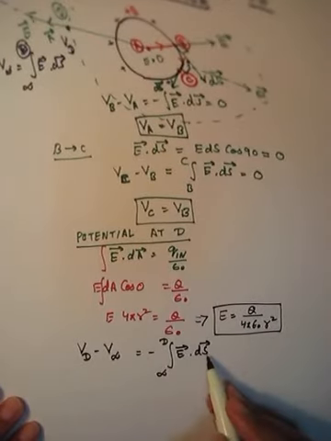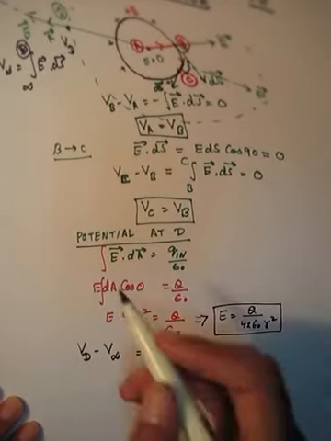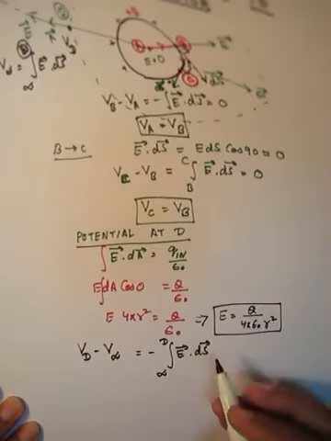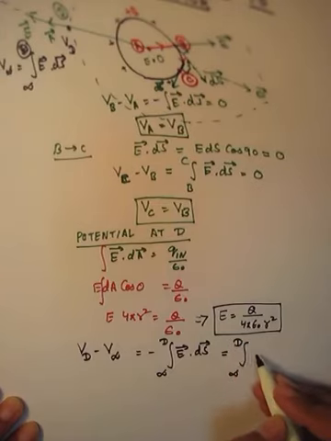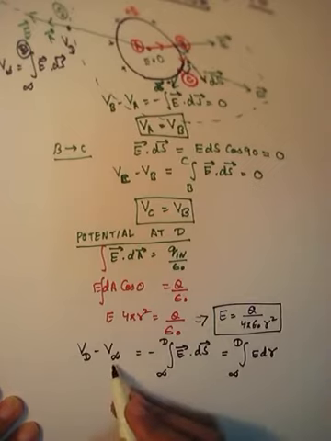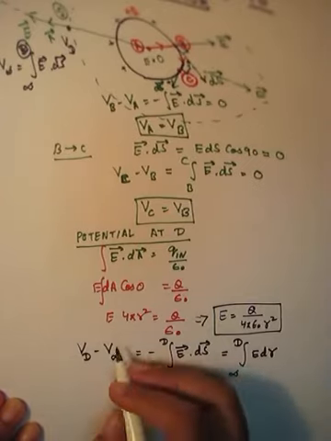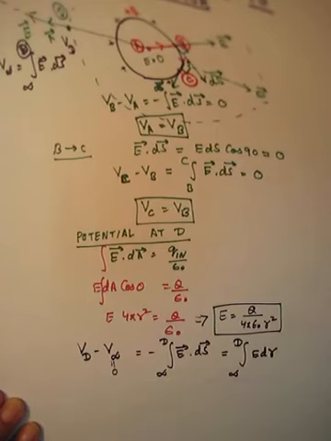Now the displacement is along the radial vector. We are moving along the radius, so this expression could also be written as the integral from infinity to d of E dr, and they are along the same direction. You know that the potential at infinity will be 0.